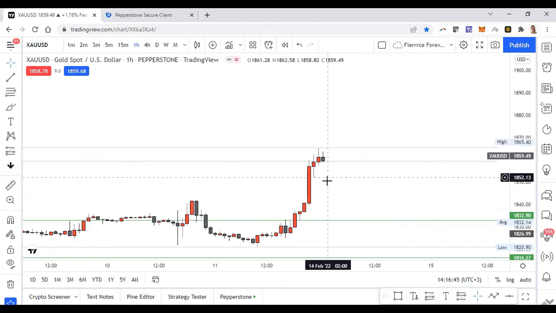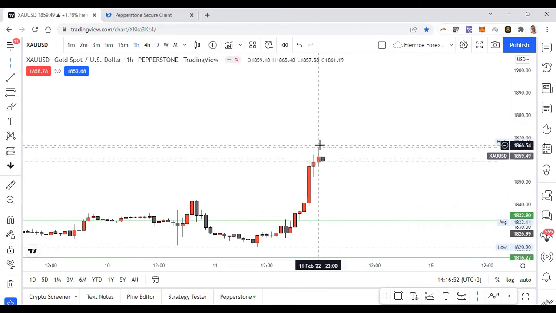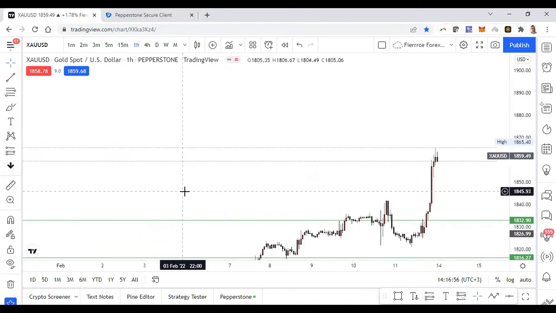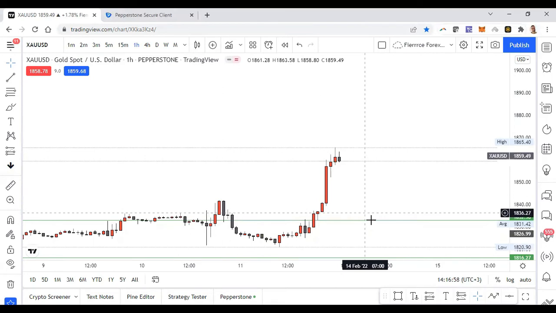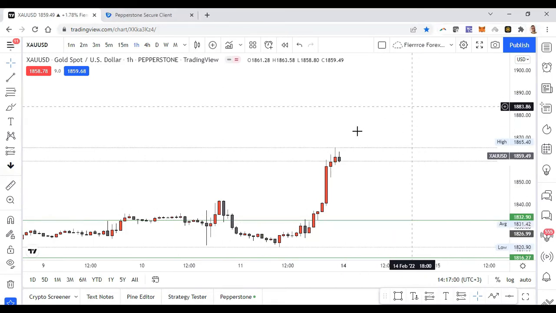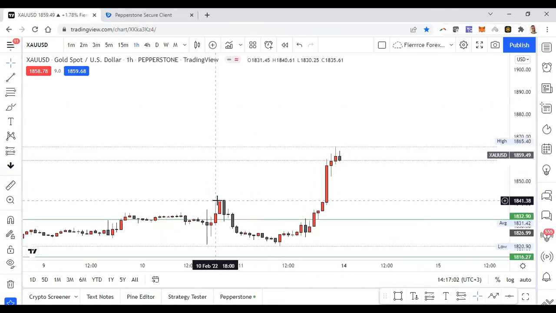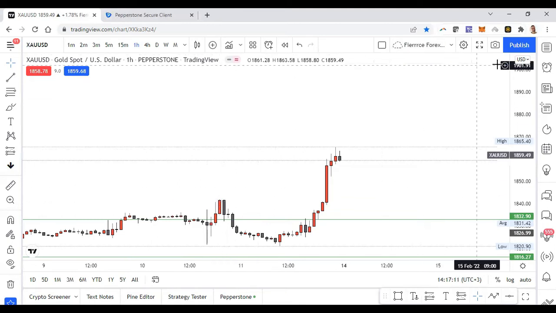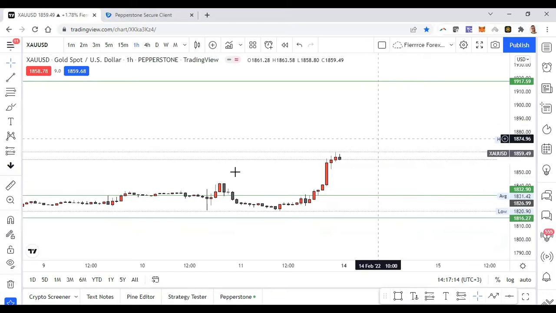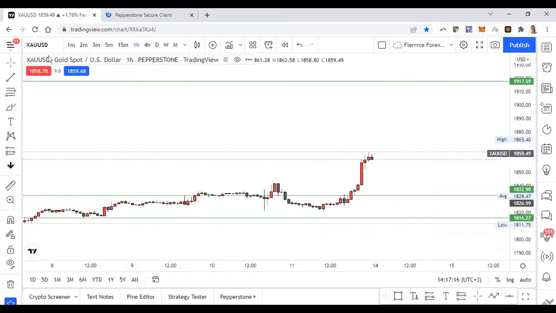We may see another bearish structure form, because this was a really strong takeout of liquidity, so we may retrace to clear out imbalances before we continue to the upside. But I'm bullish only because we took out this very significant level of structure here. So I feel like at some point we will retest this 1841 zone and then continue to the upside. So I am bullish on gold.